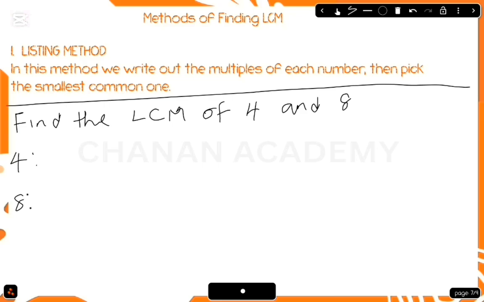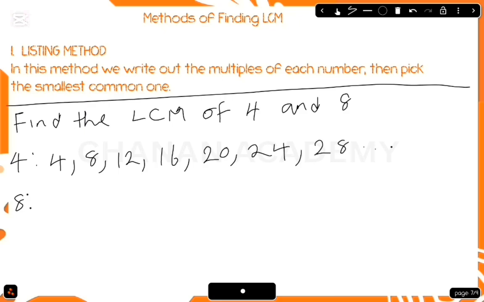So what are the multiples of 4? We have 4, 8, 12, 16, 20, 24, 28, and so on.